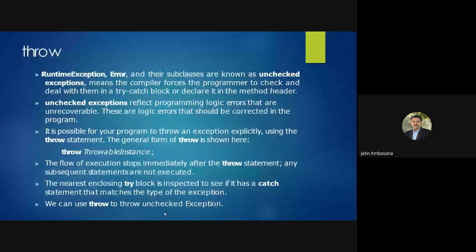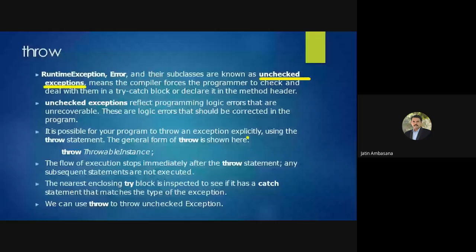But if you see runtime exceptions, then runtime exceptions are basically called as what? Runtime exceptions are called as unchecked exceptions. Unchecked exceptions mean these are not checked during the compile time.